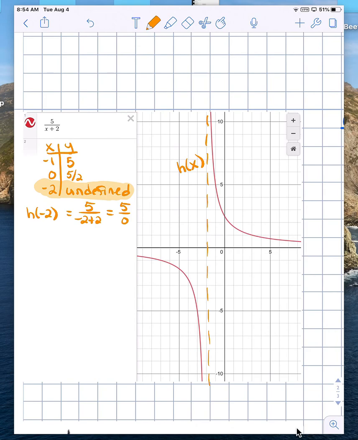Now, if we say that h of x has non-removable, well, let's do it this way. I'm going to do it in the same order.